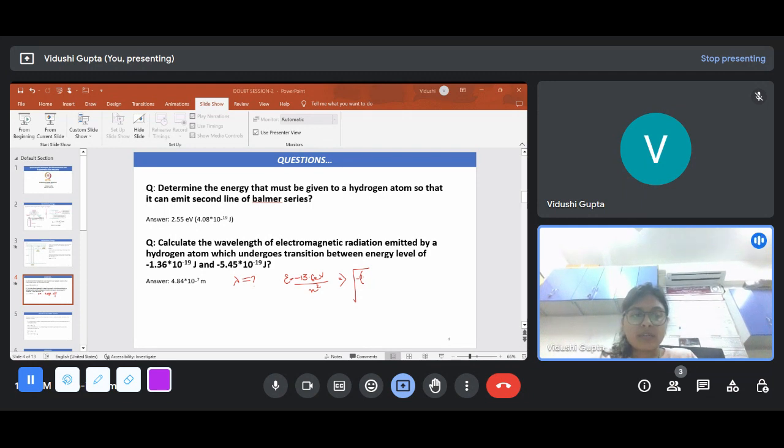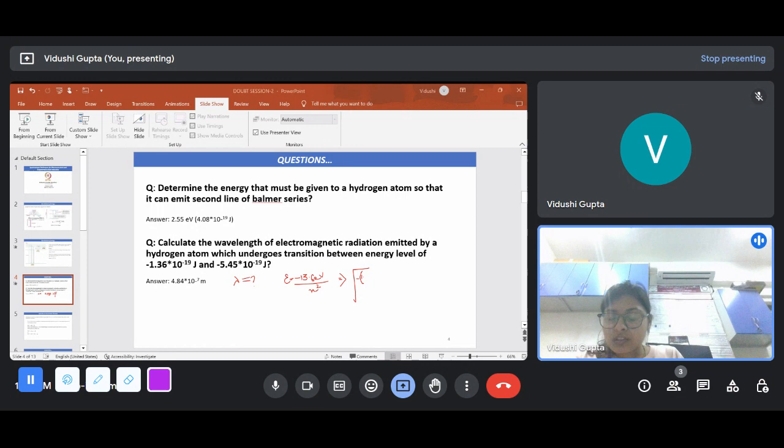So by solving, what will the value here? It will be approx 2 here. It will be approx 4.